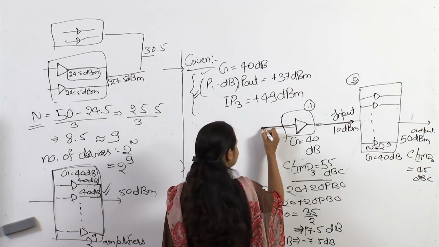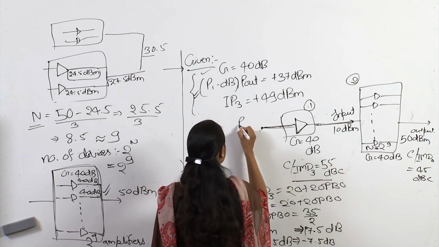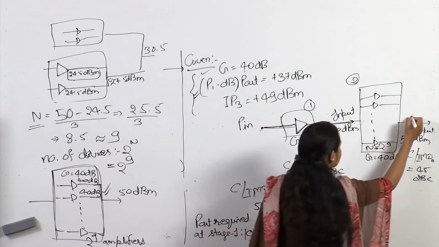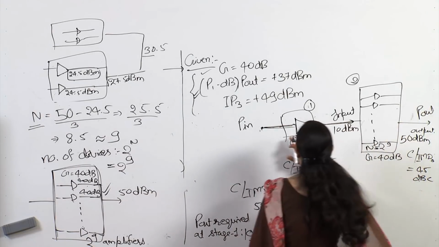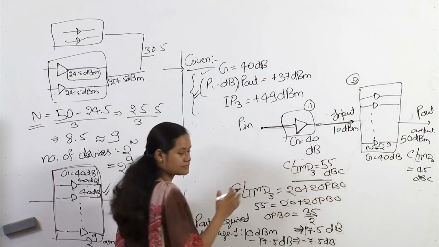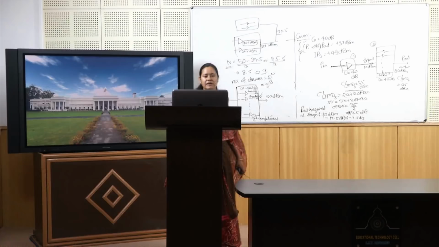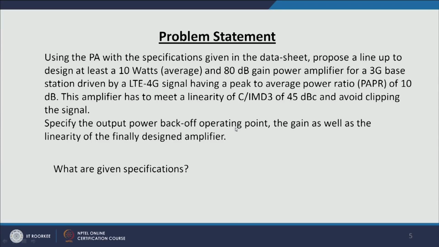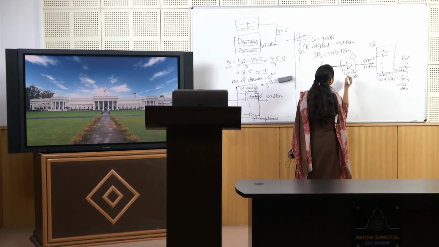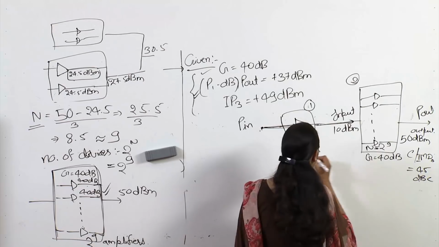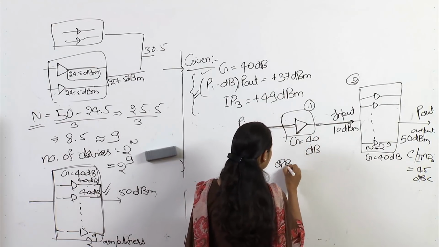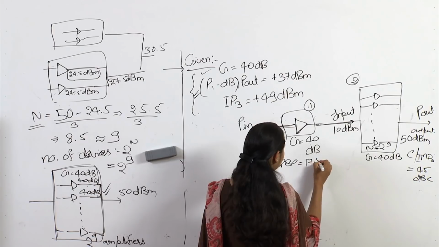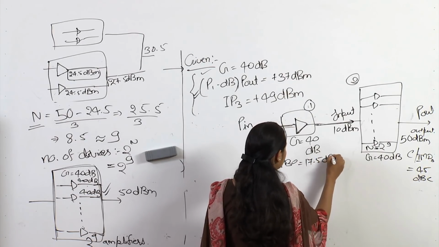Now our system is from here to here. We have to give the specification of each stage: how much output power backoff from the operating point we have to keep, the gain of the stage, and the linearity of the finally designed amplifier. So G is 40 dB for both of them, OPBO was 17.5 dB here.